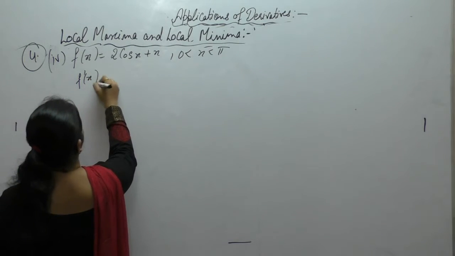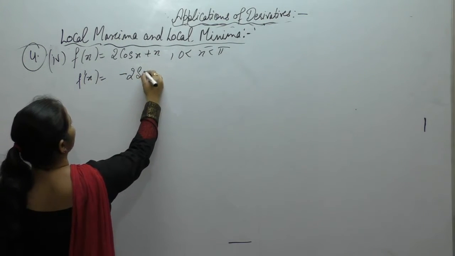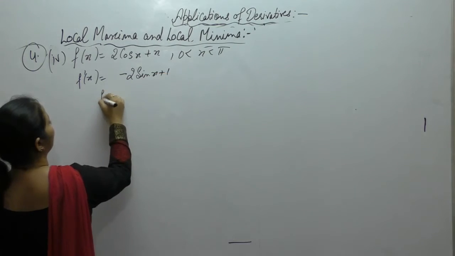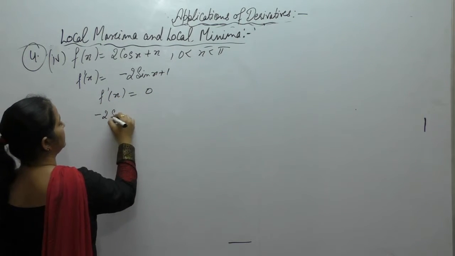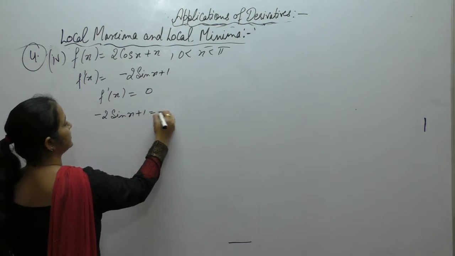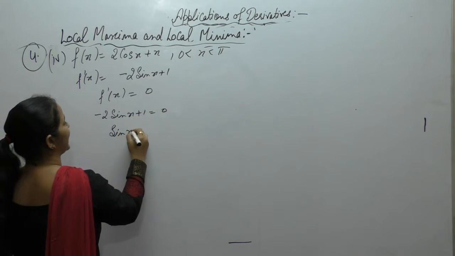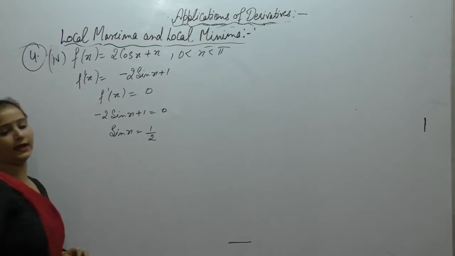First derivative. Derivative of cos is minus sine, x is 1. Put first derivative equal to 0. From here we get sin x as 1 by 2.